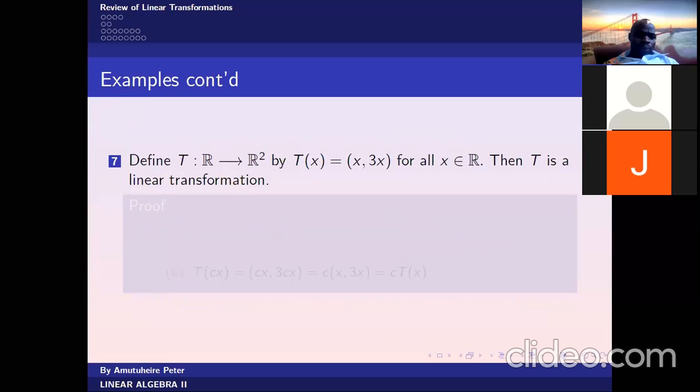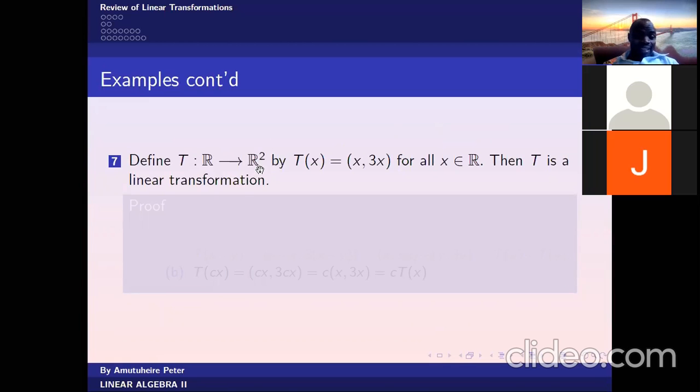Okay, example 2. We have T. This T maps R to R2. So this is a linear transformation, because the first one is a one-dimensional vector space and the second one is a two-dimensional vector space.